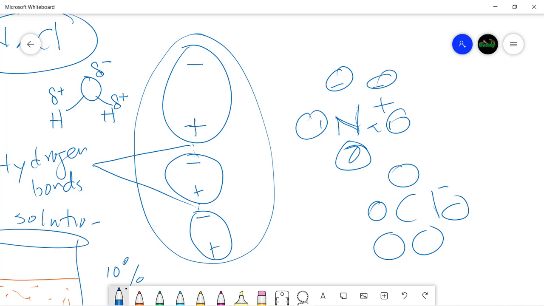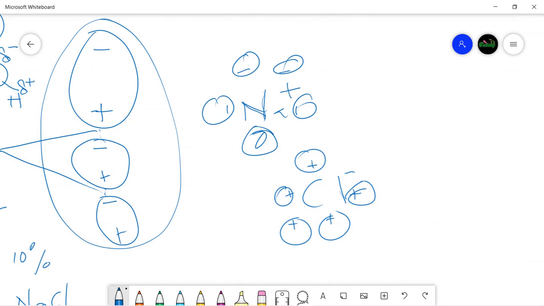And similarly, the positive ends of the water molecules are attracted toward the anion, which in this case is the chloride ion. Now this is just an assumption, just to illustrate. As you can see, each sodium ion is surrounded by 5 water molecules, and each chloride ion is surrounded by 5 water molecules.